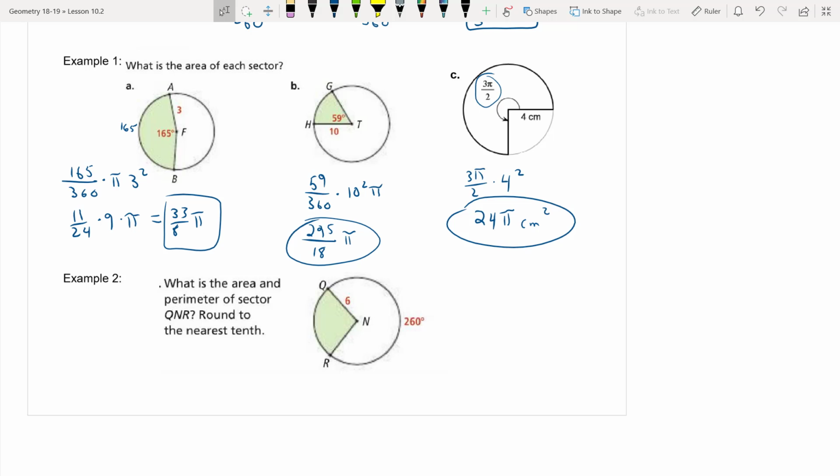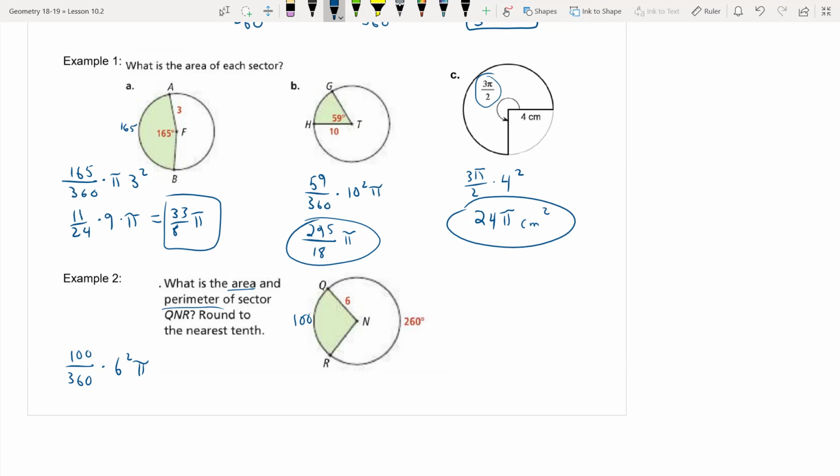So now, in this example, notice what they're asking for. They want the area and the perimeter of sector QNR. So in order to find the area, that's the sector, that's what we've been doing. They gave us 260 for Q all the way to R this way, so that means this is 100 here. So I've got 100 over 360 times 6 squared pi.